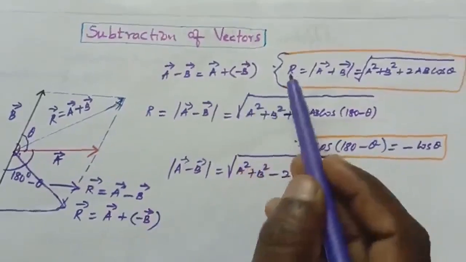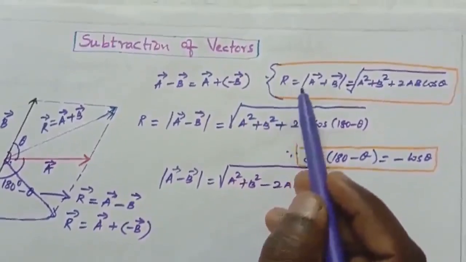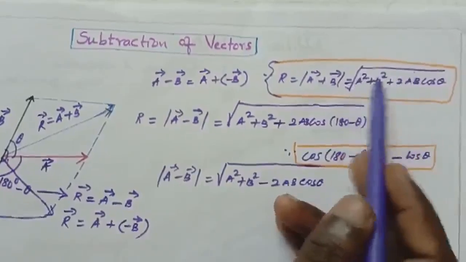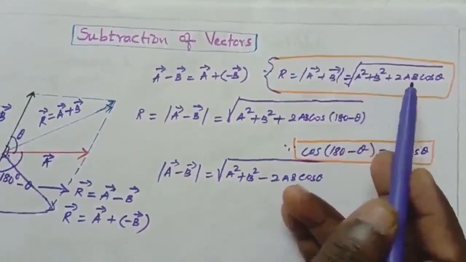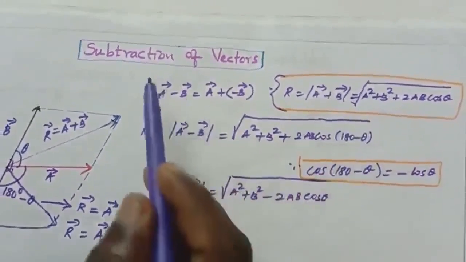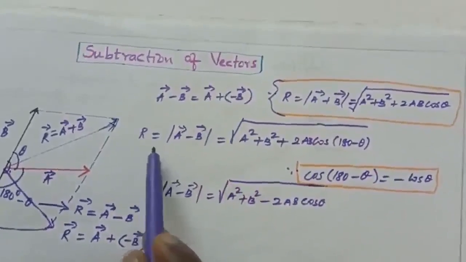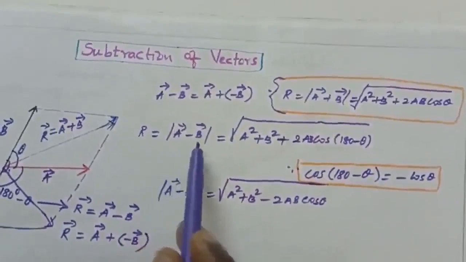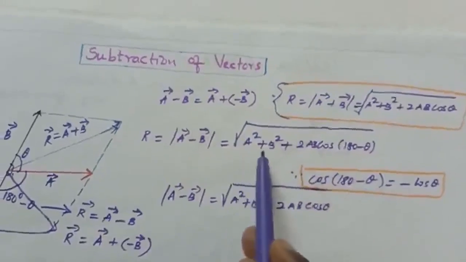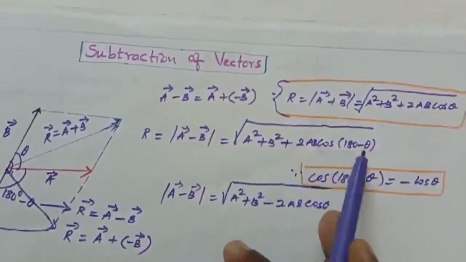This is the magnitude of the addition vector: R is equal to modulus of A vector plus B vector, that is equal to square root of A square plus B square plus 2AB cos theta. Now this relation can be used for subtraction of vectors. Therefore R is equal to modulus of A vector minus B vector, that is equal to square root of A square plus B square plus 2AB cos of 180 minus theta.